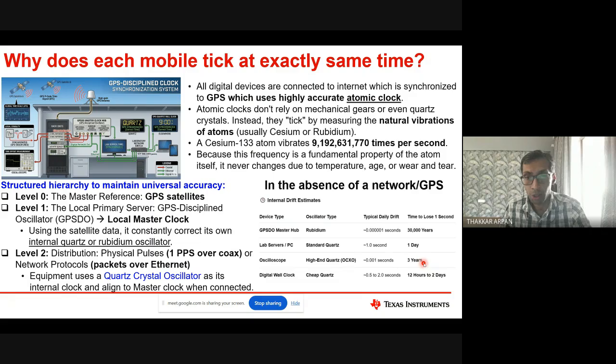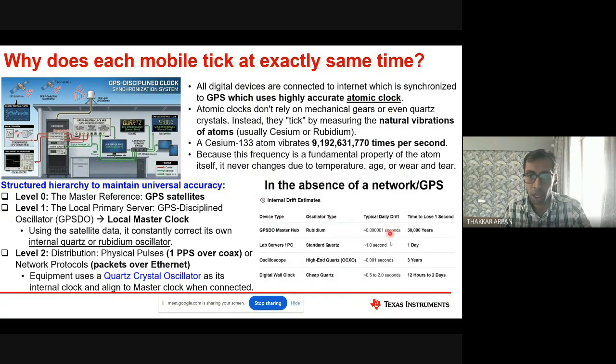Without that there will be a lot of problems, such as a transaction got credited at this time but in other systems it shows as credited 5 minutes before or after. Those things can cause big problems. So we need really accurate clocks, and that is why we get synchronized to GPS, which ultimately uses the atomic clock.